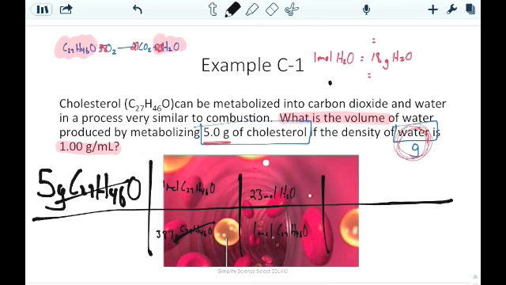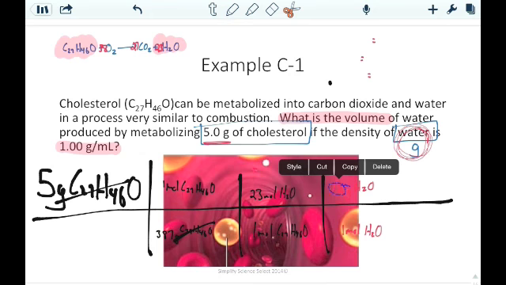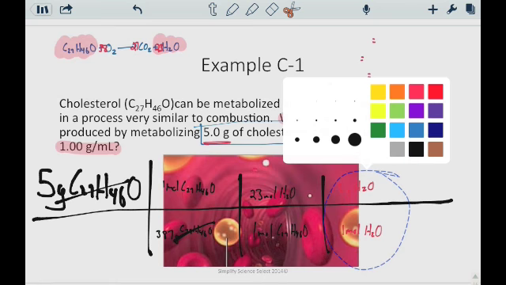So match it up. We have to multiply. Oh, forgot our 1. Make it black so we can see it.